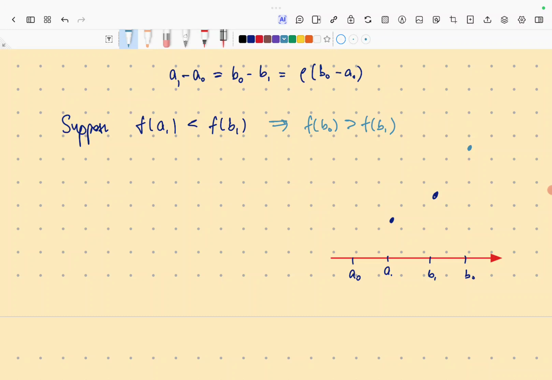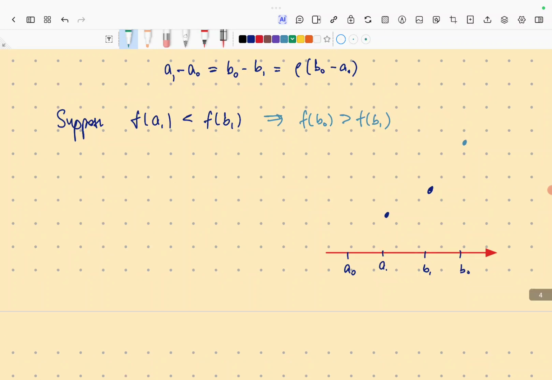But what can you say about the minimum? Where do you think the minimum can lie? Can it lie between A1 and B1? Potentially yes, because the function could look something like this.